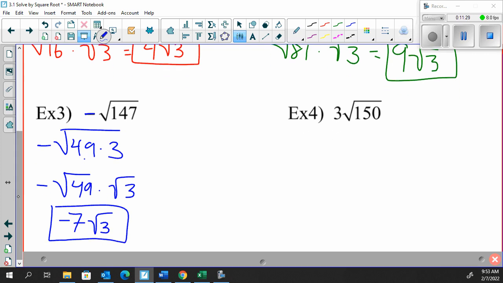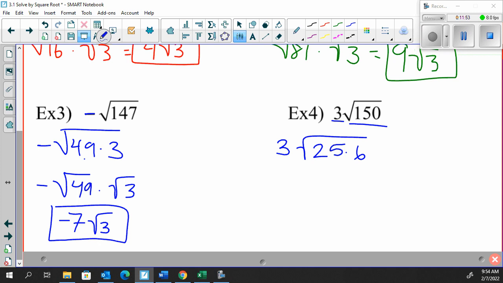There's a 3 in front, just like the negative sign. Ignore it for now. Let's just do this like we normally would. Is there a perfect square that goes into 150? What is it? 25 times 6. Okay, so it's the square root of 25 times 6. There's a 3 in front of that. The 3's not really doing anything, but it's just chilling.